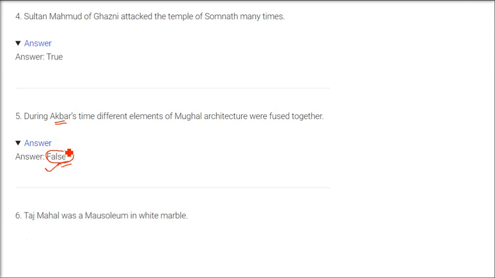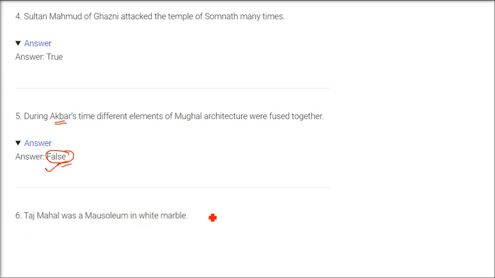There is a mixture. But if you talk about the chapter, the idea that comes out is Shah Jahan. So we make it false, because the blending and mixing, that is the cross-fertilization, started with Shah Jahan.